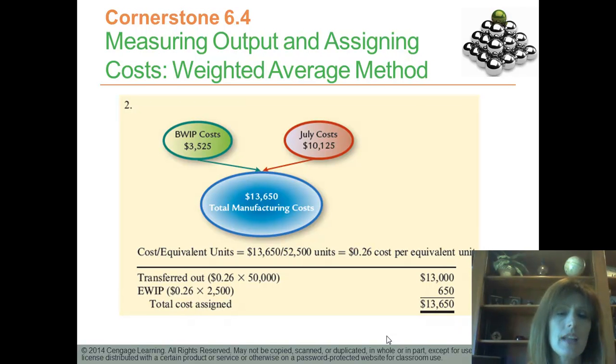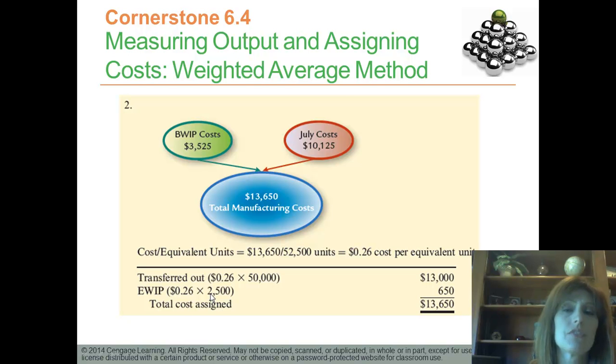All right, so now I can take those total manufacturing costs that the problem gave me, the beginning work in process plus the new July costs. I get a total of 13,650. I divide that by the equivalent units, and I get 26 cents per equivalent unit.